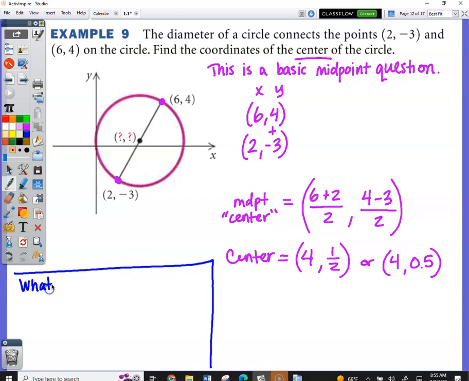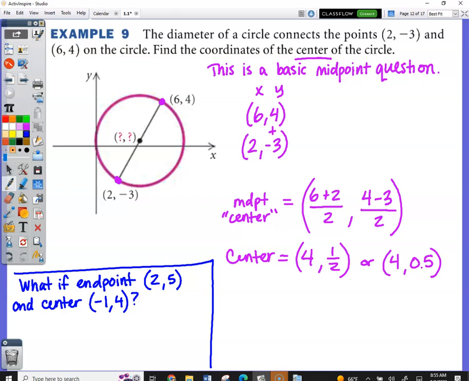What if, and this is an incomplete sentence, and I don't even know if it's pretty, so I'm not going to work the whole thing out. What if I gave you an endpoint of 2, 5 and center negative 1, 4, and I asked for the other endpoint?